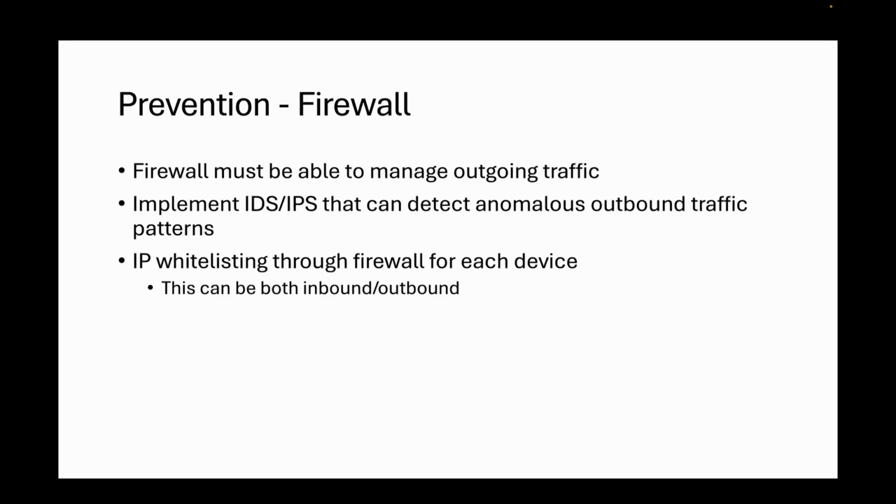At the firewall level, you need something that can manage outgoing traffic as well. Most modern firewalls will have that nowadays. You also want to implement IDS and IPS that is able to detect this anomalous traffic. And then IP whitelisting through the firewall for each device is a really good idea.